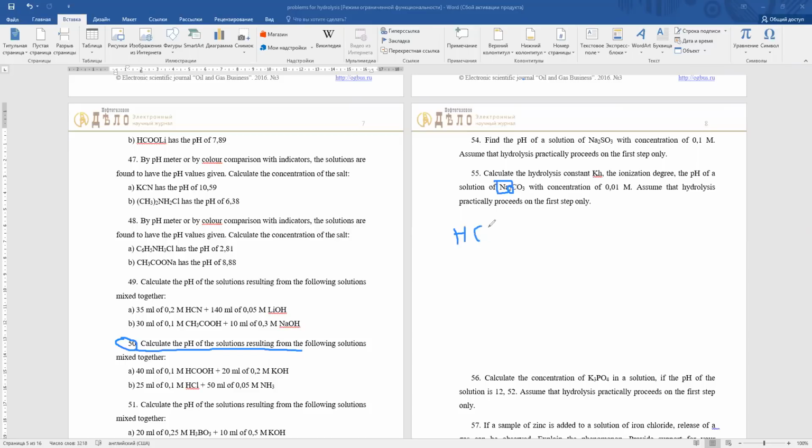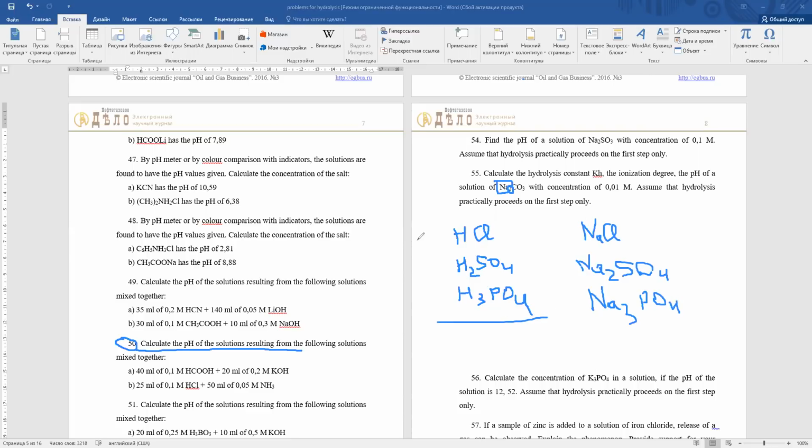I'm going to write several acids, and I'm going to write the salts of these acids. So neutralization steps 1, 2, 3.